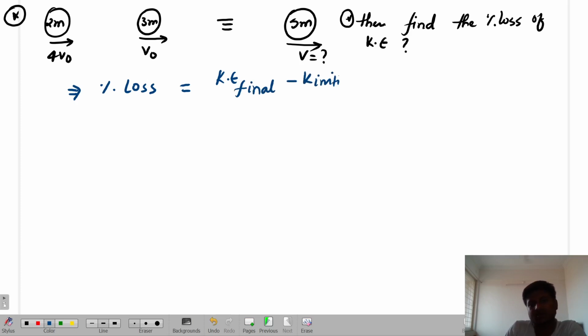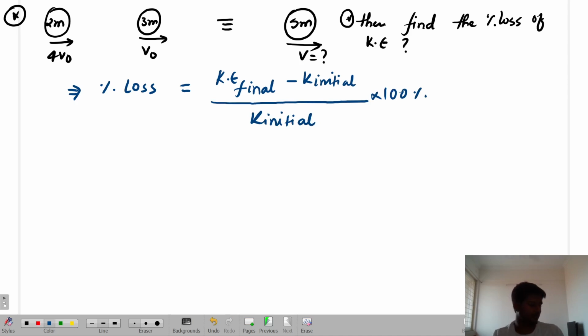If it is positive, then it is gain. If it is negative, then it is loss, into 100%. Are you able to get me or not? Is that clear? So this is just the percentage change. It can be loss or gain.